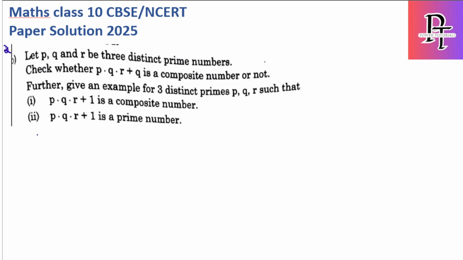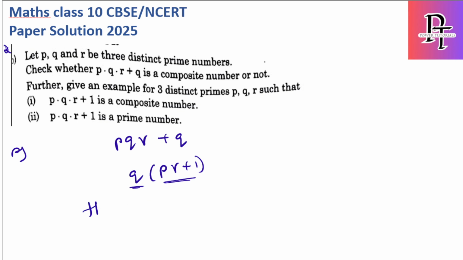So what is the B part they are asking? They are saying that p, q, r be 3 distinct prime numbers. Check whether pqr plus q is a composite number or not. Okay, so for this, pqr plus q, they want to check. If I take q as common, I can write this as q times pr plus 1. So now I have this as one factor and this is another factor. It can be composite or prime, doesn't matter, but it has 2 factors.